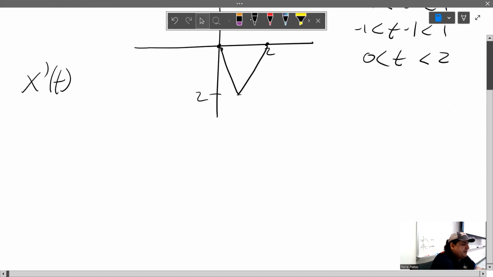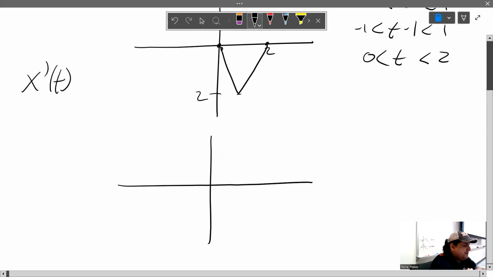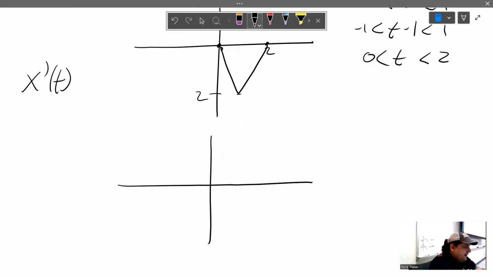Okay. So we're gonna draw a new chart, Cartesian plane. And from 0 to 1, what is the slope? The slope is rise over run. It rises -2 and it runs 1.